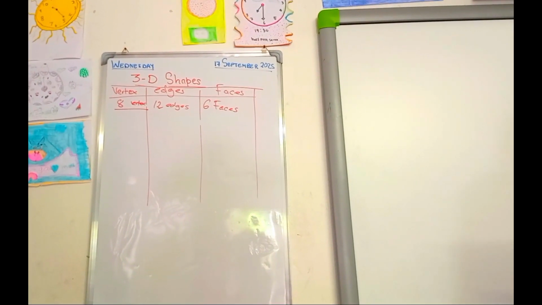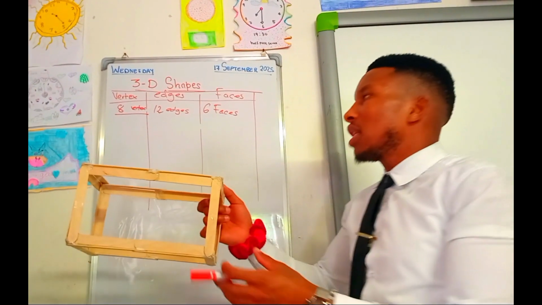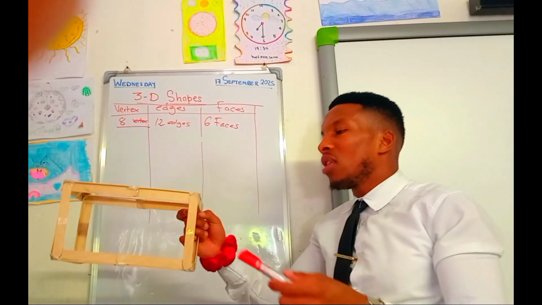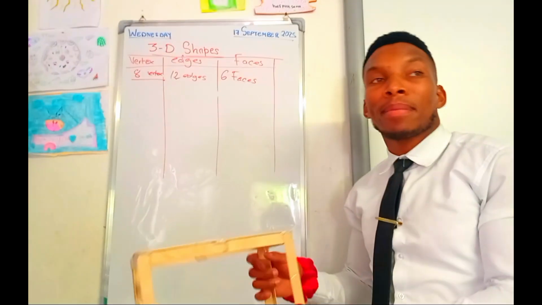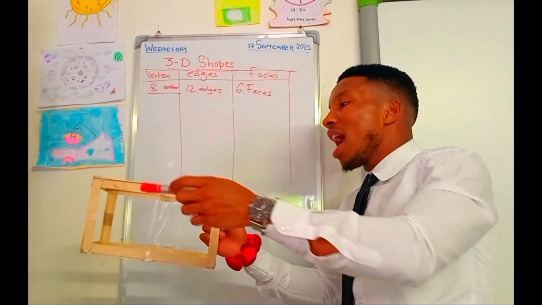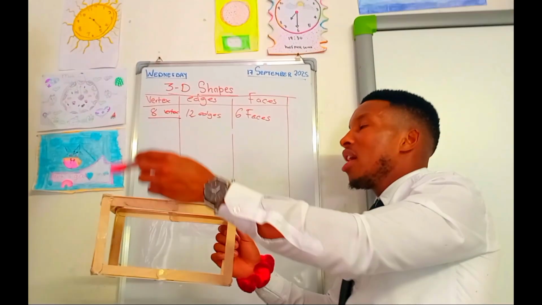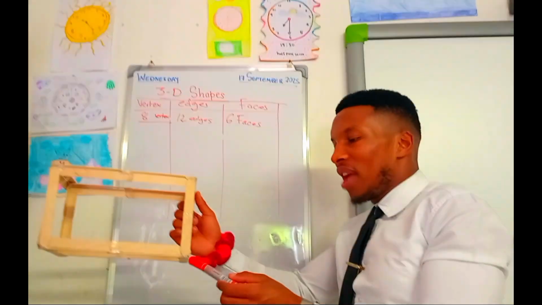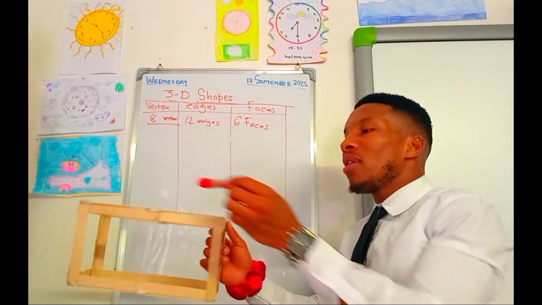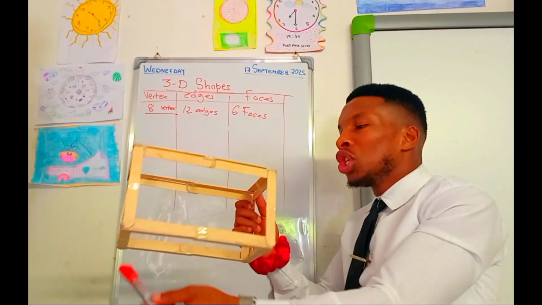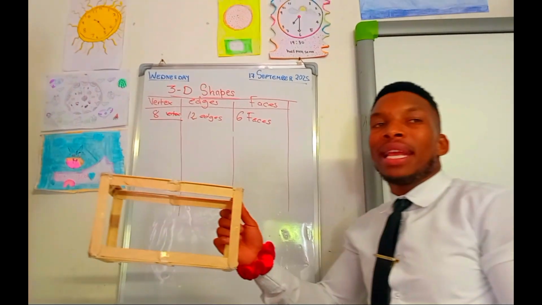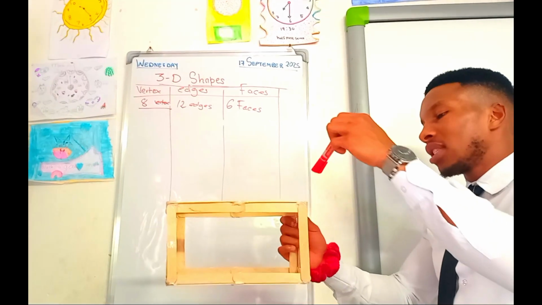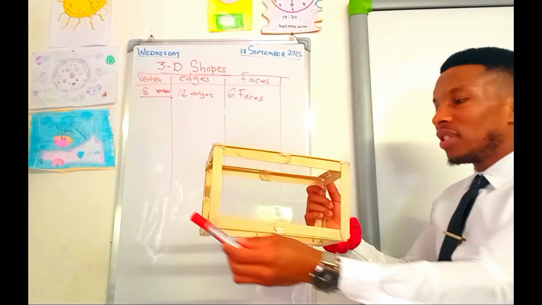Then let's check the rectangular prism. This is a rectangular prism. How many vertices on the rectangular prism? We have 1, 2, 3, 4, 5, 6, 7, 8. Remember, the vertex is the corner where two lines intersect each other and form a corner. That is the vertex. 1, 2, 3, 4, 5, 6, 7, 8.